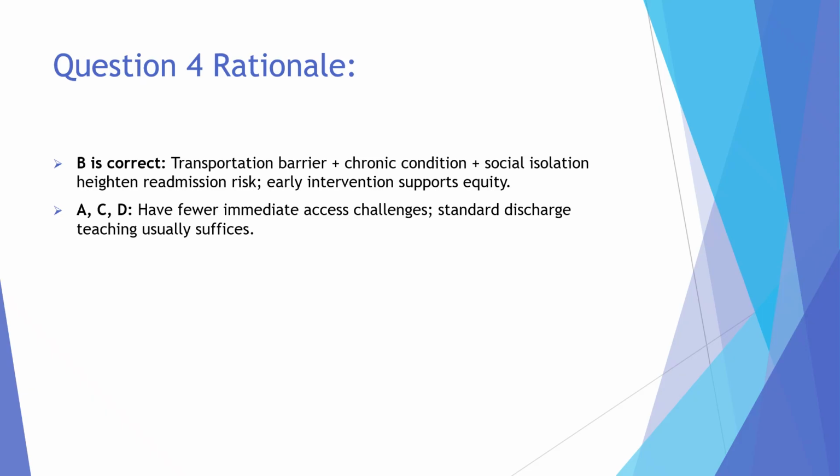Hidden readmission risk highlights that early intervention supports equity. A, C, and D, the rest, have fewer immediate access challenges, so standard discharge teaching usually suffices.